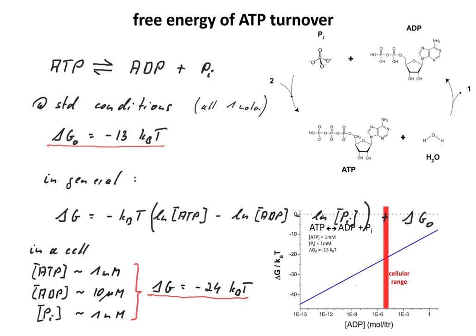And you see that the delta G will vary with the concentration of the ADP molecules. This is a situation that we actually will come back to in lecture 3, where we discuss molecular motors and how you can in detail understand how molecular motors are working.